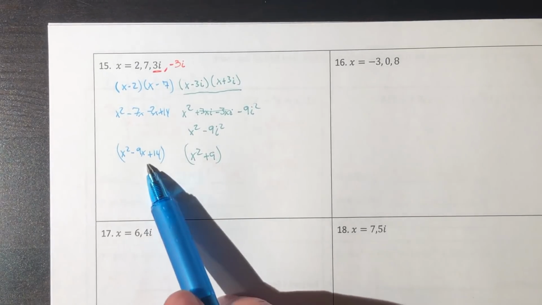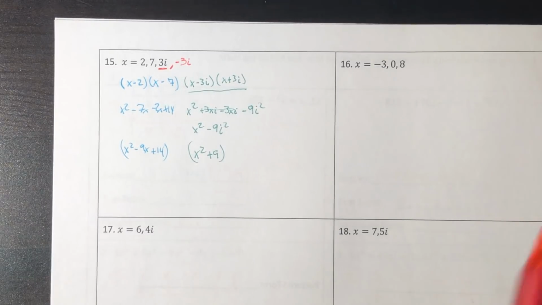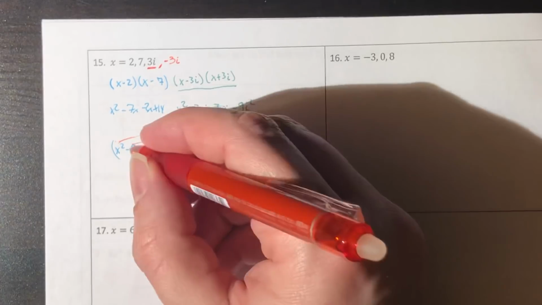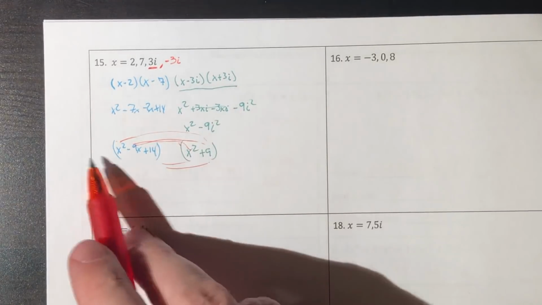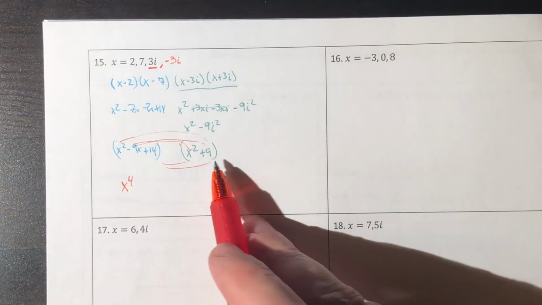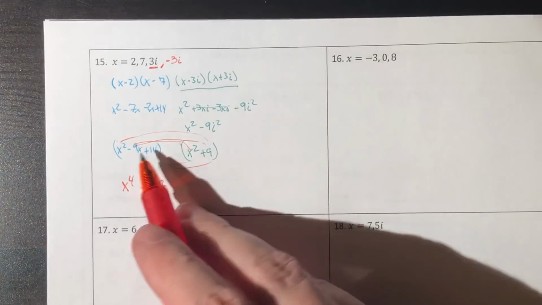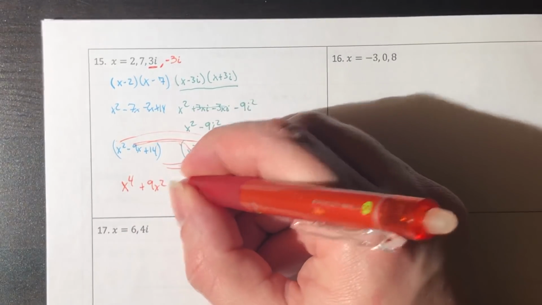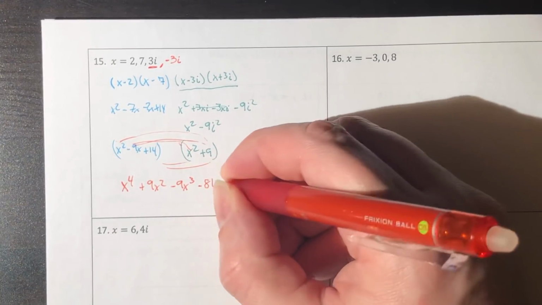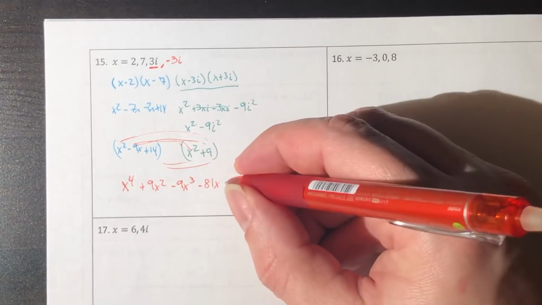And then you need to multiply these that you just got together. When you do that, you're going to distribute it to all parts there. So x squared times x squared gives you x to the power 4. x squared times 9 is going to give you 9x squared. Negative 9x times x squared is going to give you negative 9x cubed. And then minus 81x. And then 14.